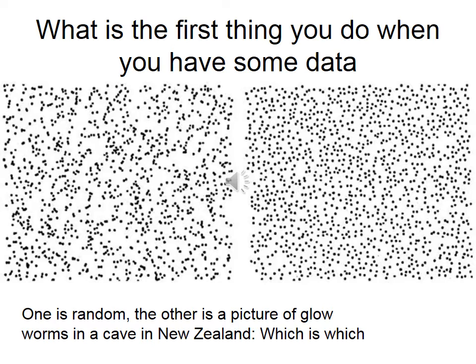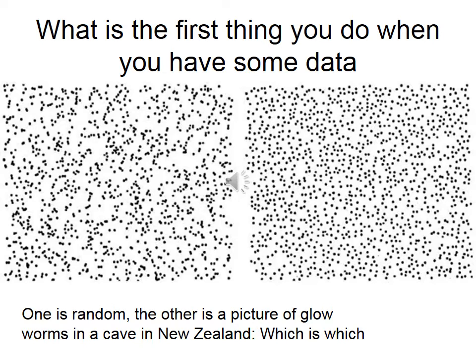The other one is taken from a photograph of glowworms in a cave in New Zealand. What I want you to think about is which one is which. Take a look at them. Which one looks random to you and which one is the picture of glowworms in that cave?